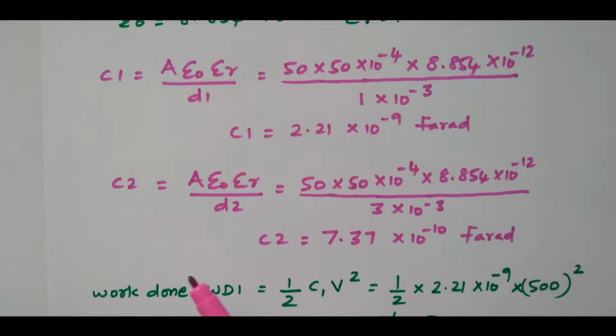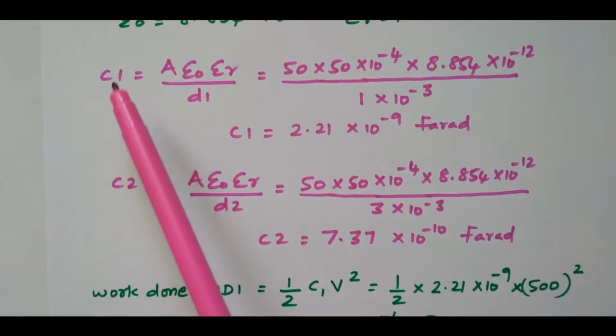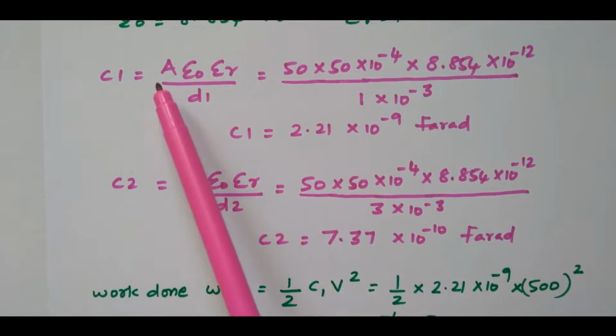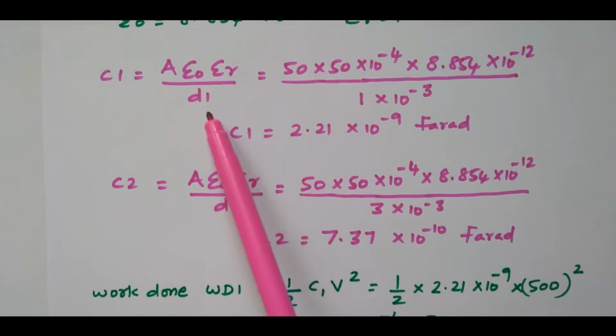So we have the distance from 1 millimeter to 3 millimeter. First we consider 1 millimeter, we can calculate the C1 value. Then we will consider 3 millimeter, we can calculate the C2 value. So C1 is A epsilon naught epsilon r divided by D1, 1 millimeter.